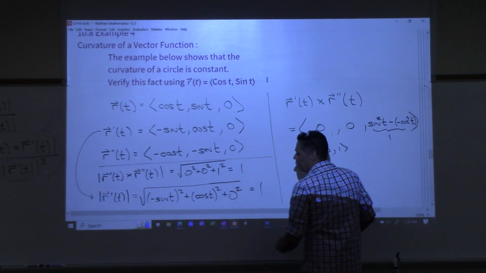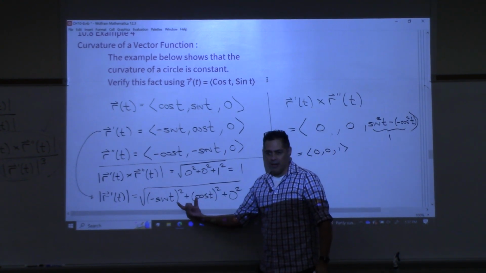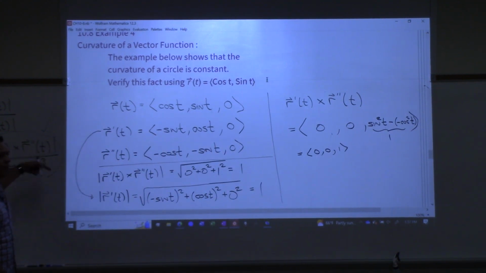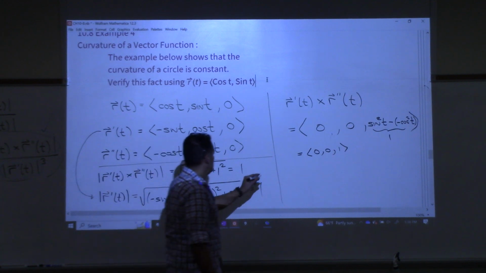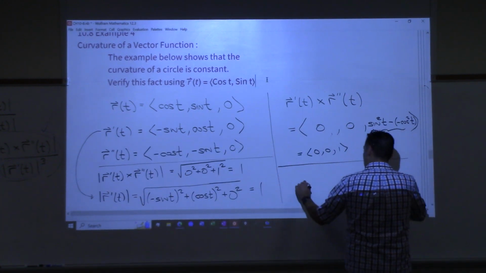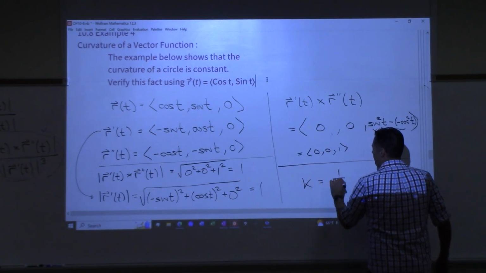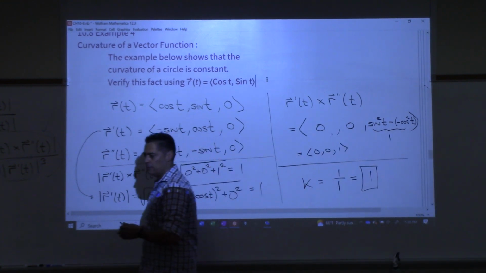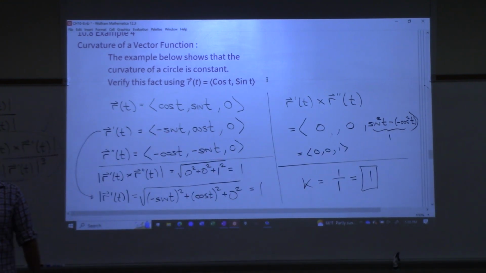And that gives you 1. Because again, Pythagorean identity. So you get 1 over 1. So our curvature is constant. Curvature is constant.